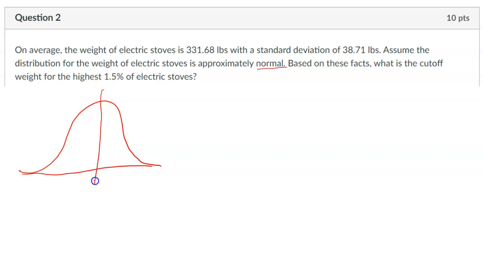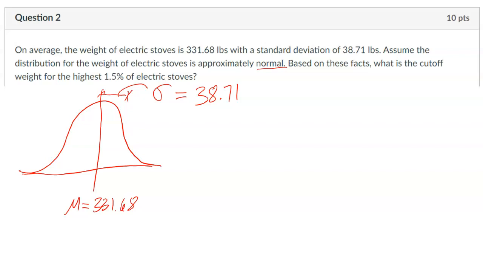Then the average weight is, for us, mu, 331.68 pounds, with a standard deviation, a sigma, of 38.71 pounds.